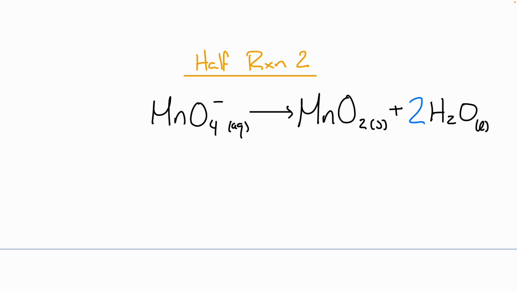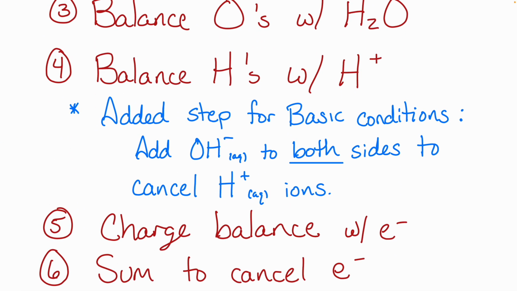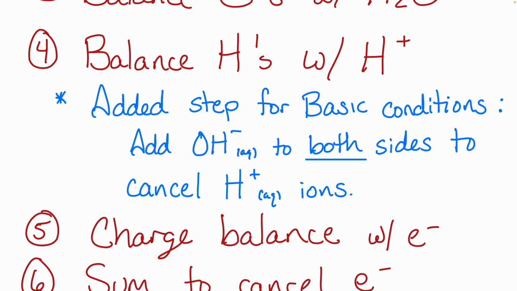Okay? Notice that in our rules for acidic conditions, for basic conditions here, we still have to do step 4 where we balance with H+. We've added a new step in between 4 and 5, but that doesn't mean you skip step 4. If you tried to just balance with hydroxide, you would notice that you threw everything out of whack here, right?